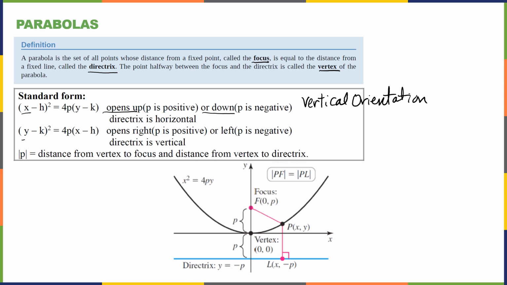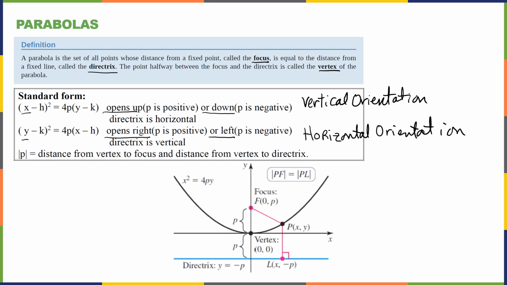When the variable y is the variable that is being squared, then you have a parabola that has a horizontal orientation. In that case, the parabola opens right or opens left.